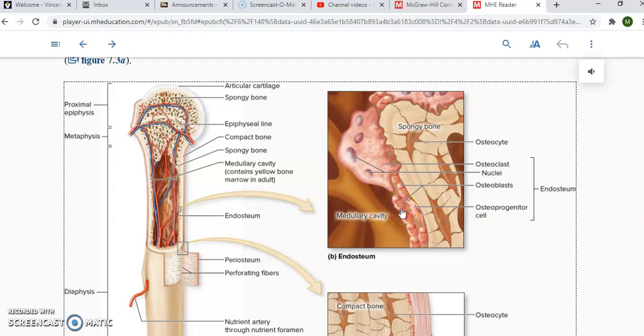That gives the bone its quality of being hard, because we'll have all those calcified collagen fibers in there.